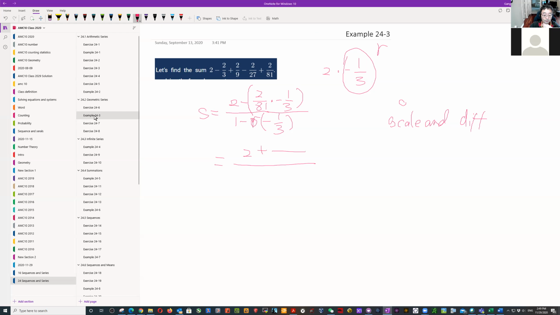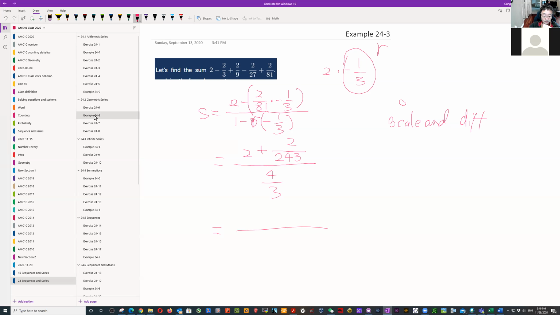If you multiply it up, it's going to be 243 and 2. And 1 minus negative 1/3 equals 1 plus 1/3, so it's 4/3.